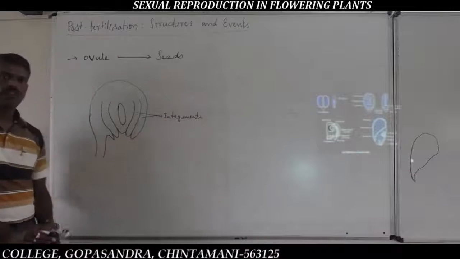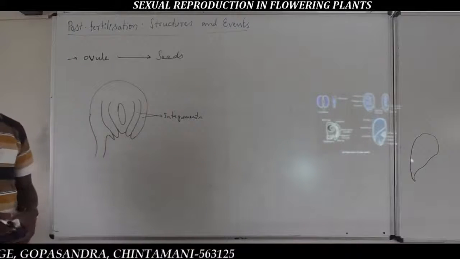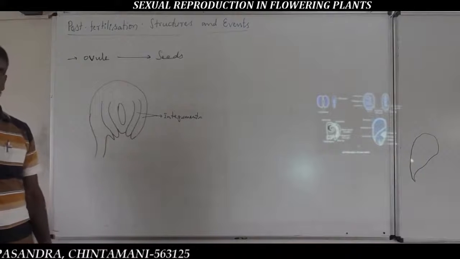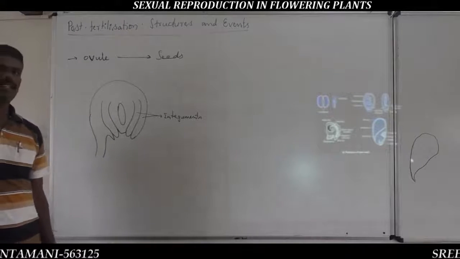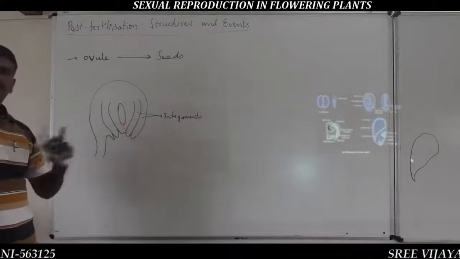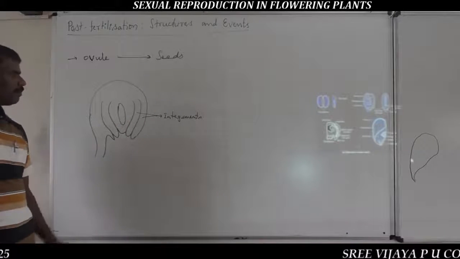Most ovules consist of two integuments; such ovules are called bitegmic ovules. Only certain ovules consist of a single integument; that is unitegmic ovules.